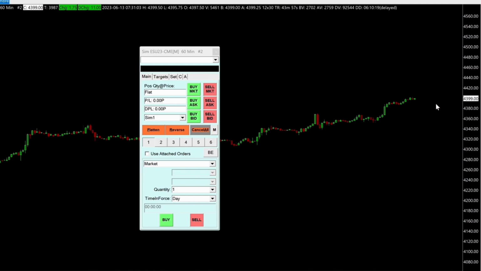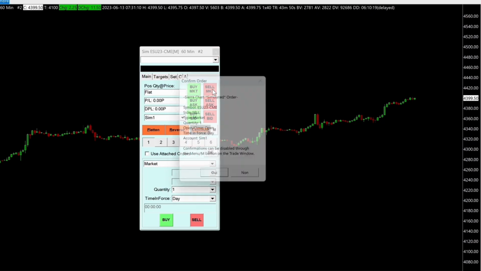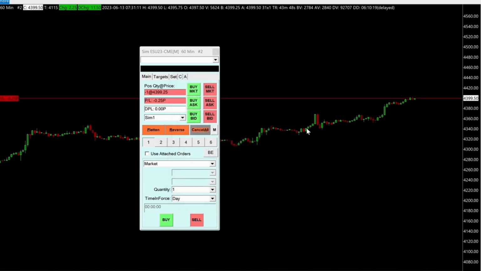If I wish to sell at the price of 4,399 with a market order, I click on Sell Market, and you can see my order is directly executed in the market. So there I have a position that is opened directly at the price of 4,399.25. On the other hand, if I want to place a limit order, so it's a pending order, it means we can choose a price level.